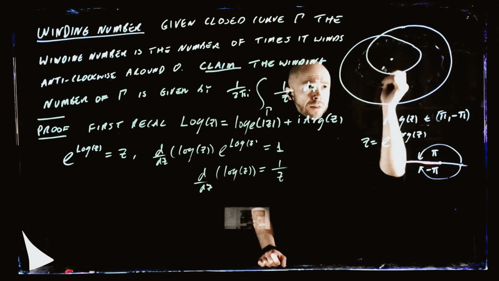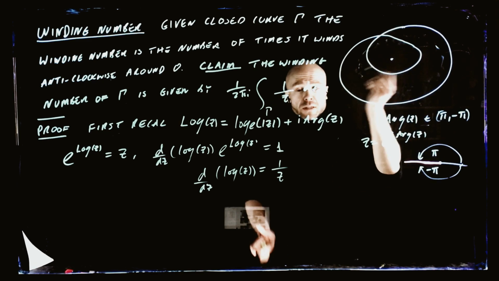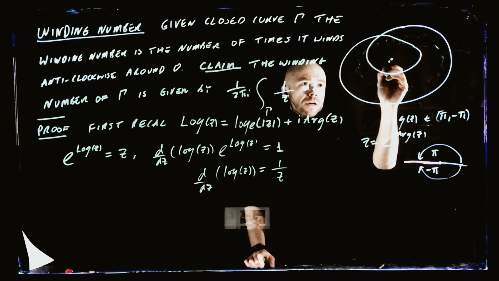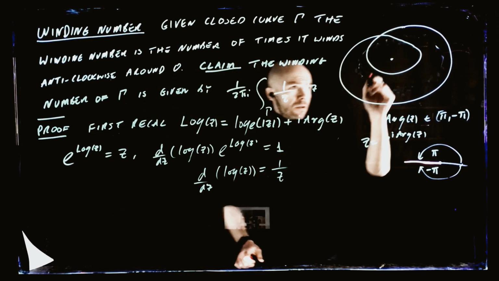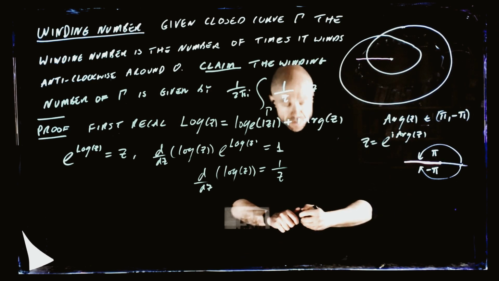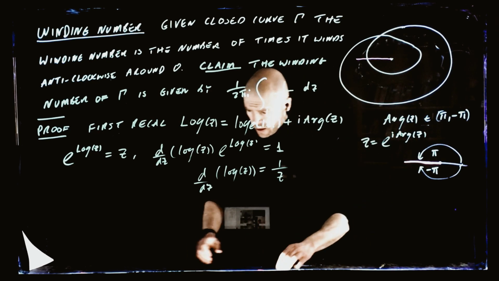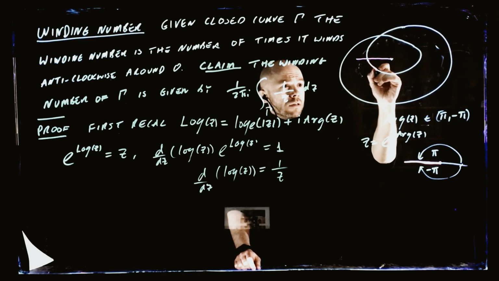Okay, so this is a closed curve. It loops around 2 times. And we can start parameterizing it from any point, right? So let's put the negative real numbers here. Okay, and let's start our parameterization just underneath here, and let's go around like this.